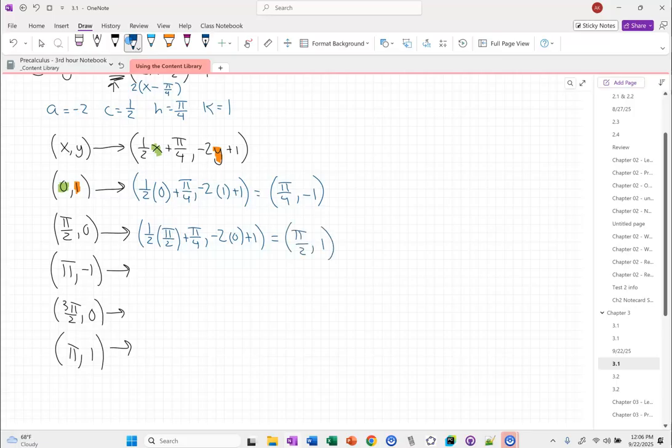And then -2 times 0 plus 1 is just 1. Usually nobody screws up the y coordinates. The x's, though, get a little fraction heavy for some of us who hate fractions so much. It's just fractions, guys.